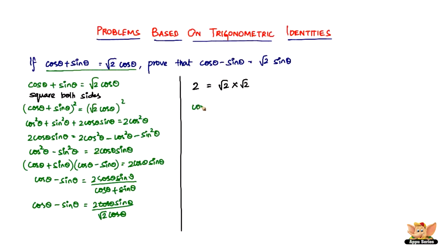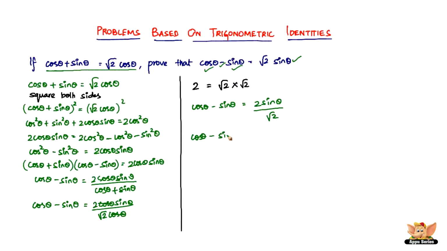Now what we've got here is cos theta minus sin theta equal to 2 sin theta divided by root 2. We've got almost everything that we want for this. We got the cos theta, we got the sin theta, we've got the negative sign. We just need root 2 on top. You know that 2 can be written as root 2 into root 2.